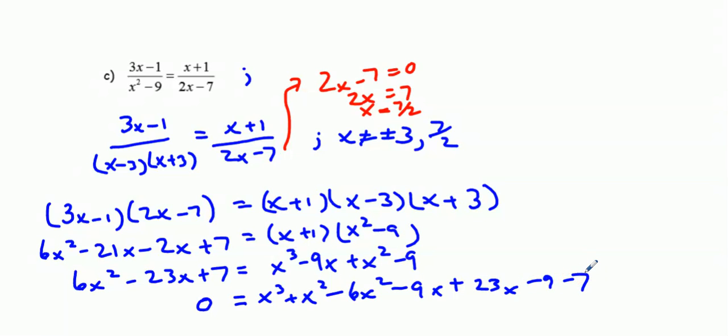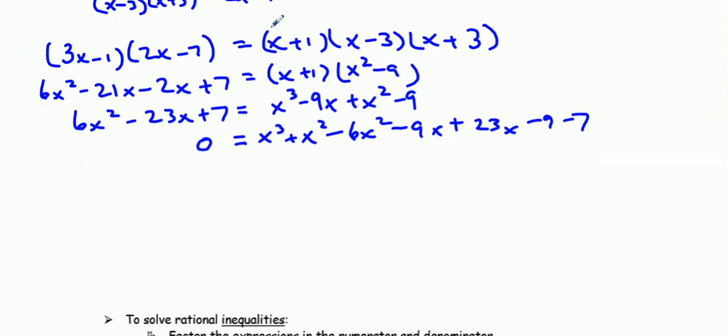So far so good. Gathering this up a little further, this is going to be minus 5x² plus 14x, and then minus 16.